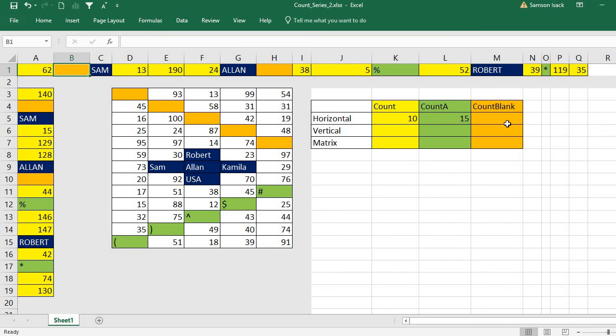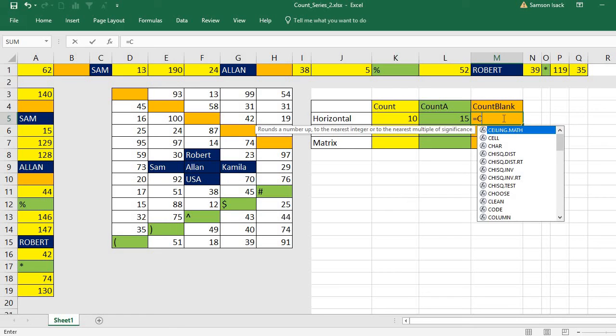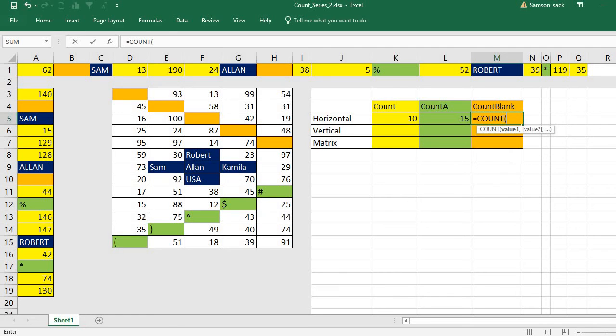Then what is CountBlank? CountBlank simply counts the blank cells. The range is this one, the horizontal one.